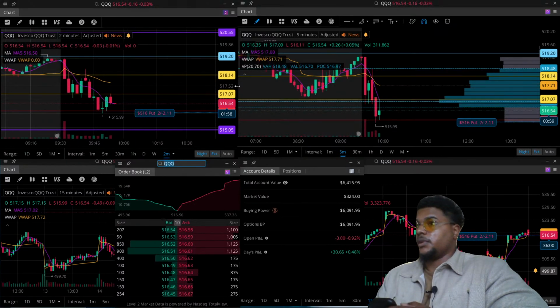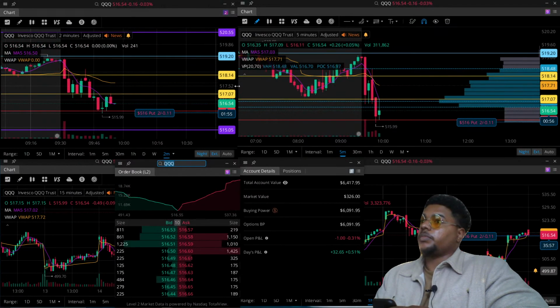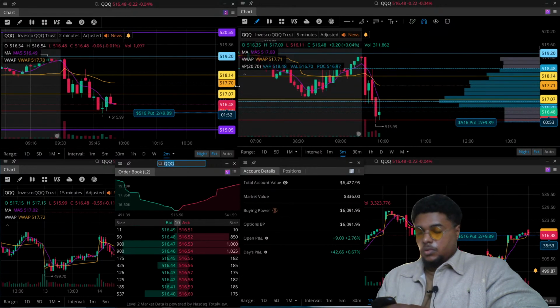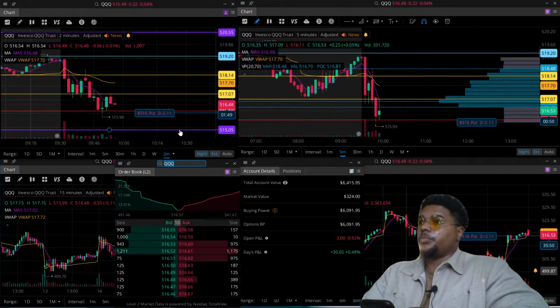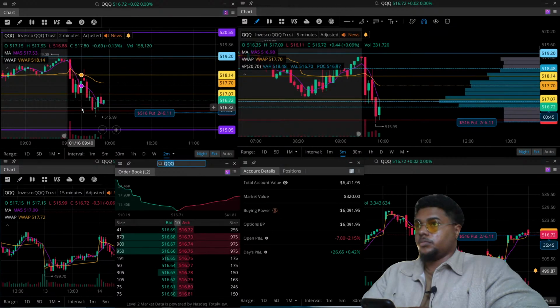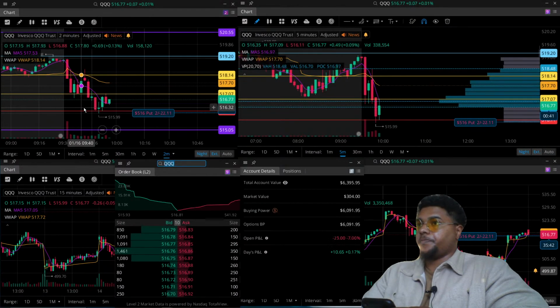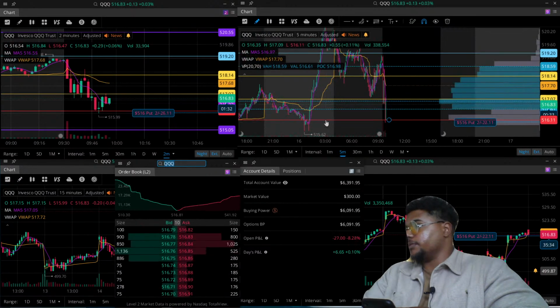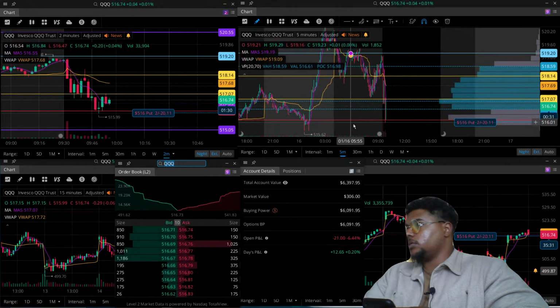So I'm in now for a short play, looking for it to hit that purple pre-market low. Anything above this candle and I'm out. Yeah, on this level right here.